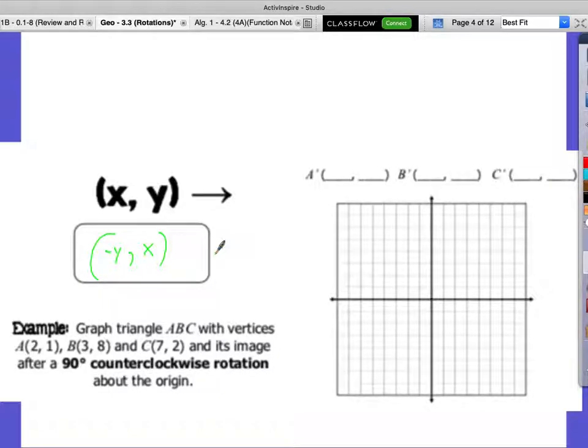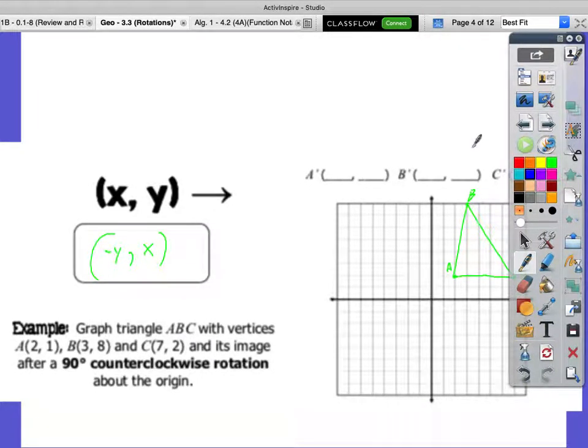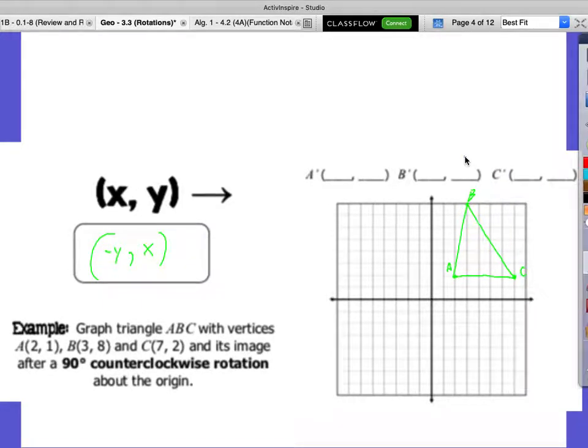Now, we're going to graph this triangle ABC with the vertices (2, 1), (3, 8), and (7, 2). I know my coordinates are very faint right now. We're going to graph its image after a 90-degree counterclockwise rotation about the origin.